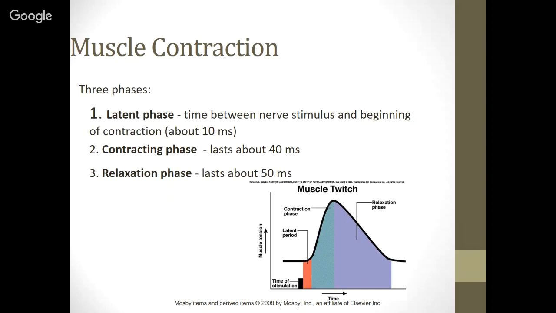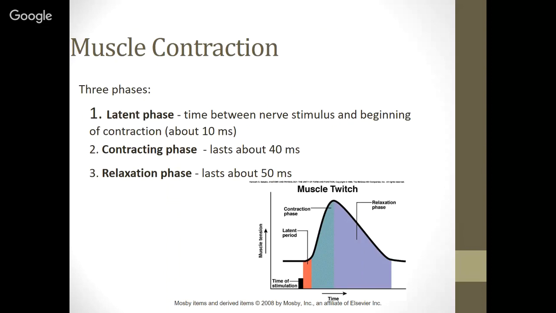The contracting phase lasts about 40 milliseconds. So it takes 40 milliseconds to pull the actin filaments together. And then the relaxation phase takes about 50 milliseconds. So from the time you get the impulse to the time you're in full contraction, that's 50 milliseconds. And the relaxation phase is about 50 milliseconds as well.